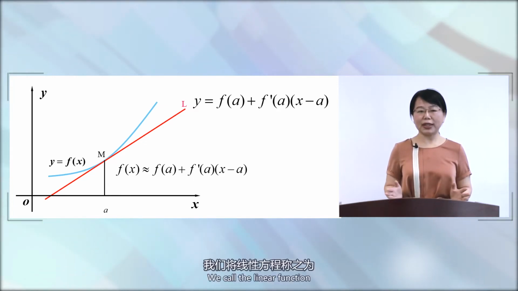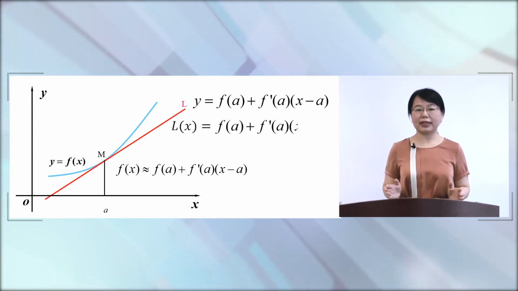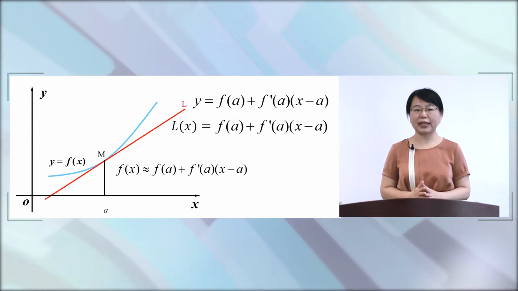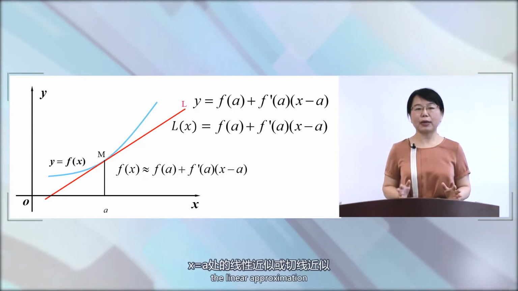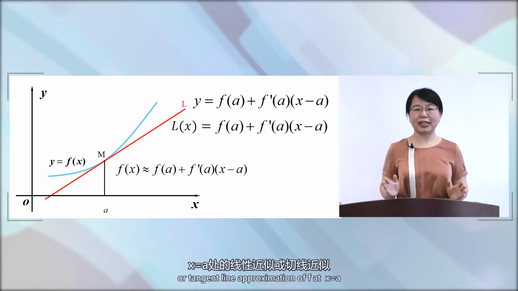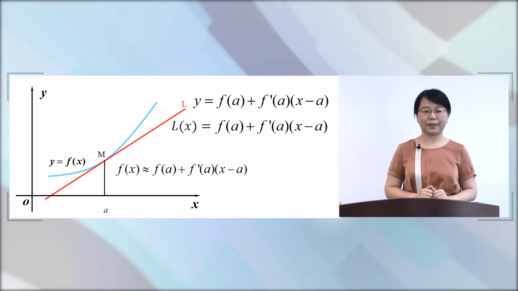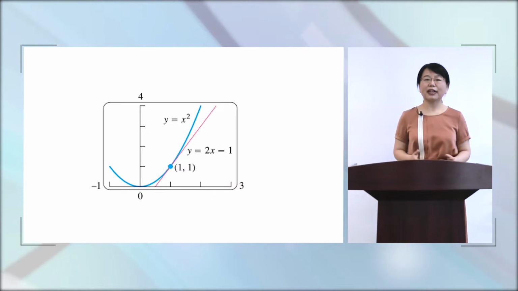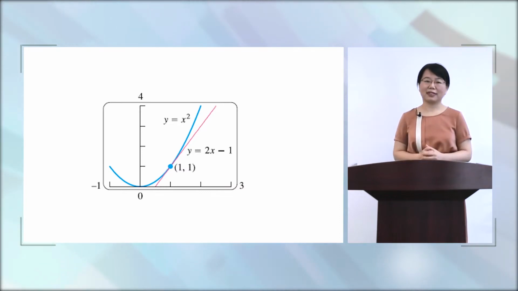We call the linear function L of x equals f of a plus f prime a times x minus a the linear approximation, or tangent line approximation, of f at x equals a. Here we have the idea of local linearity. Look at these graphs.